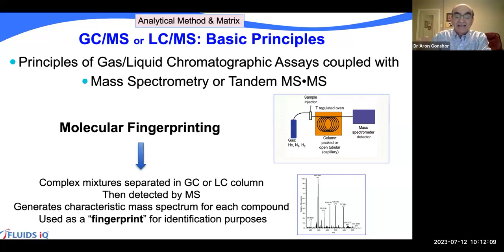And that MS unit generates a spectrum which looks something like this, where each compound gives you a molecular fingerprint, which is extremely accurate. And so this is what is used for the urine analysis that we're going to be discussing, specifically GCMS, which is the gas and MS.